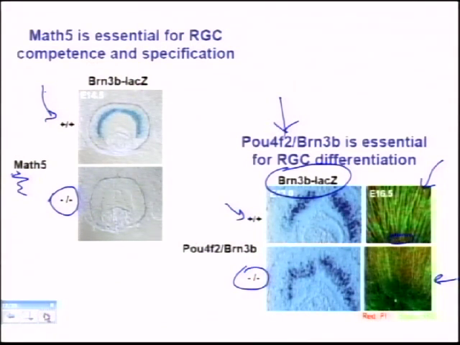They don't bundle well. They're misguided, and they don't form a proper optic nerve, and they don't move into the optic disc normally. This defect, and several other defects associated with it, causes the ganglion cells to develop abnormally, and eventually they die. Almost all the ganglion cells die by birth in the brain3B PAL4F2 knockout. So PAL4F2 is essential for the normal differentiation of the ganglion cells. It works later than MAF5 in the gene regulatory network.